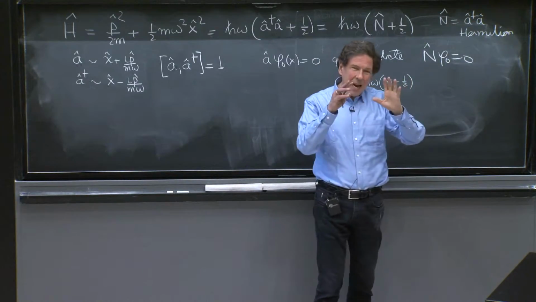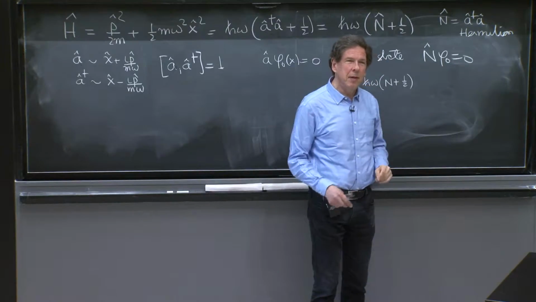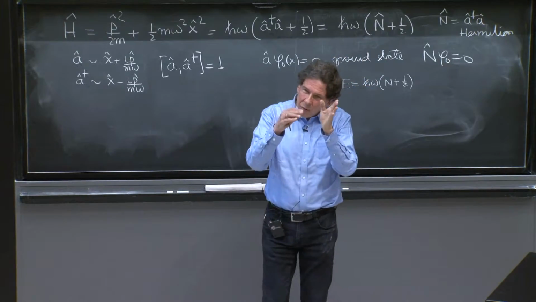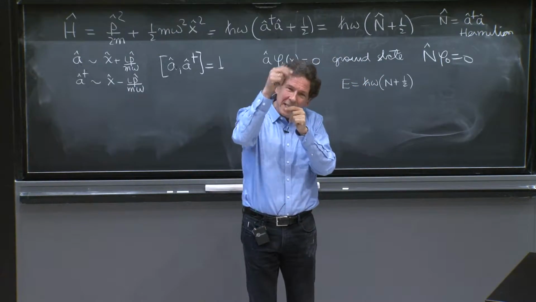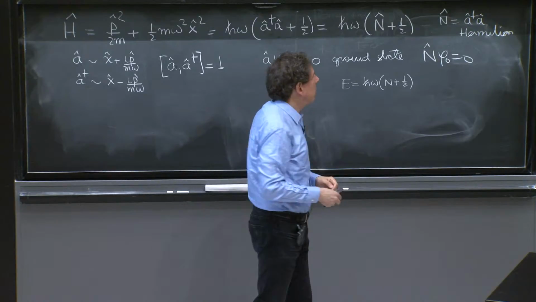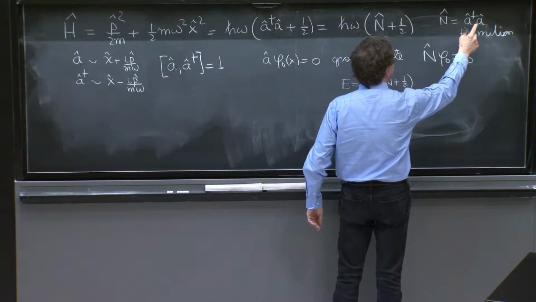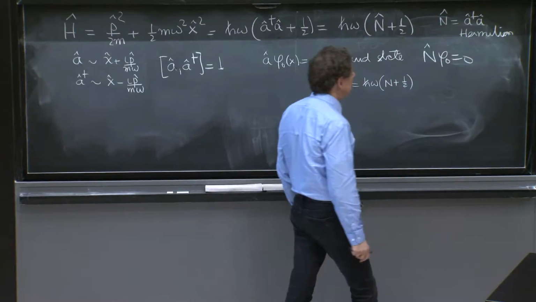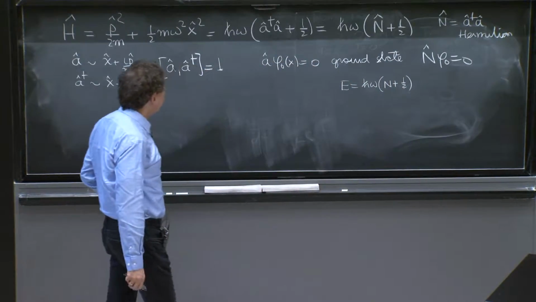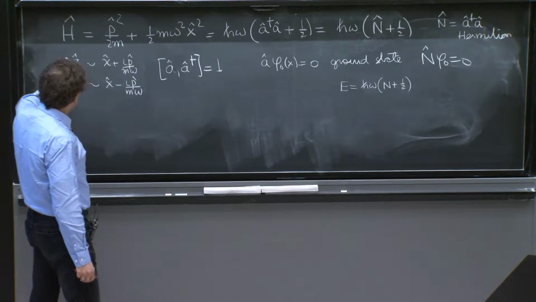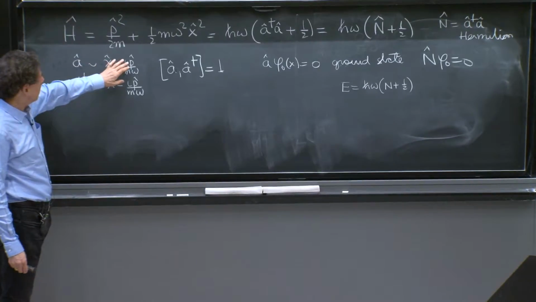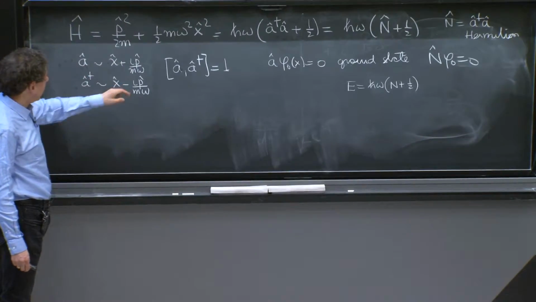Recall that the dagger of a product of operators is the reverse order product of the daggered operators. So the dagger of A dagger A is itself. And then A was related to X and P, and so was A dagger.